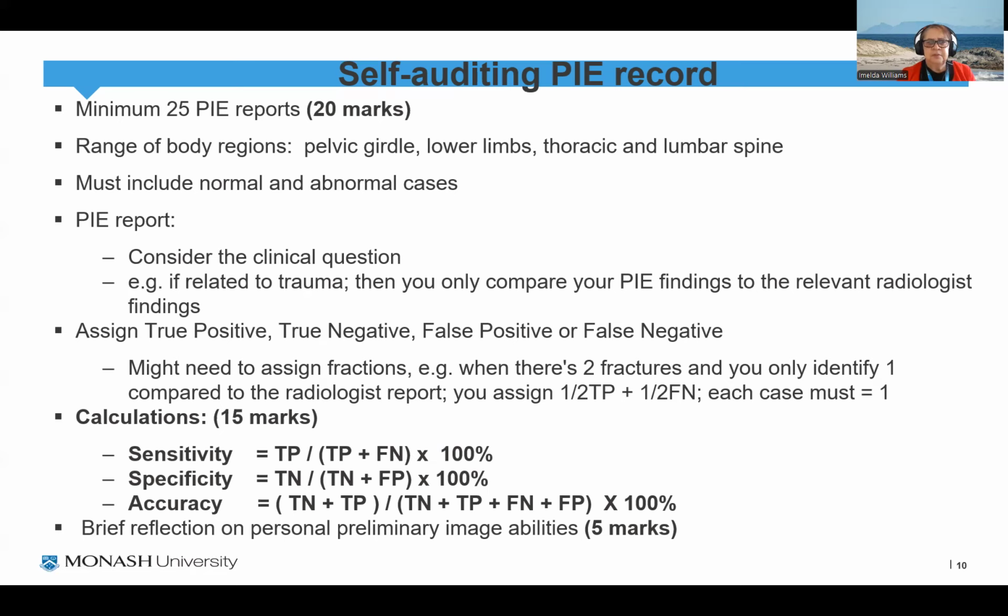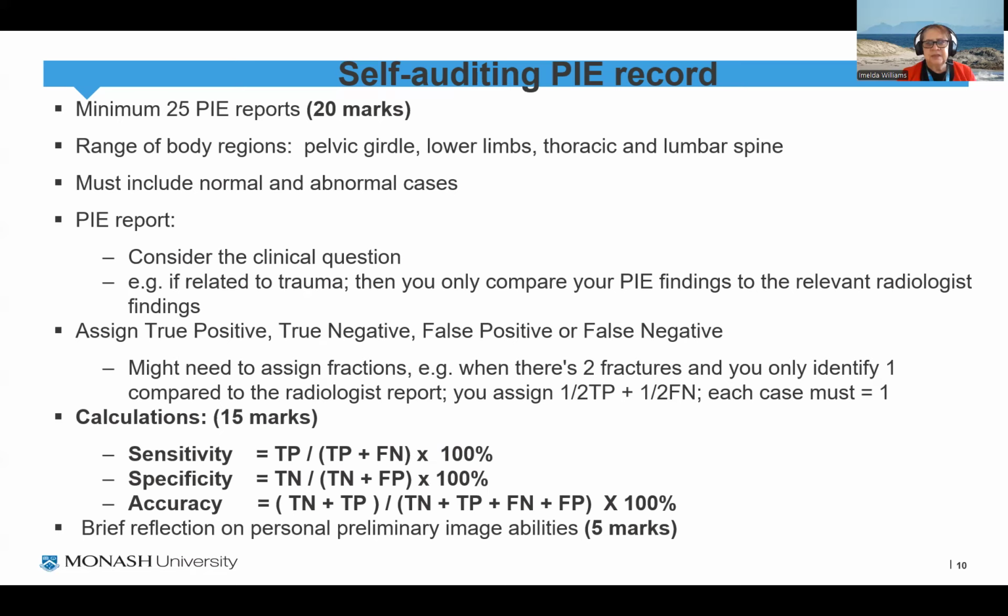Now, it might be important to assign fractures. So, for example, where there's 2 fractures, you only identify 1, then you would assign a 1/2 mark true positive because that correlates with the radiologist, but then a 1/2 mark for false negative because you've not identified the other part. So you actually call that as normal.